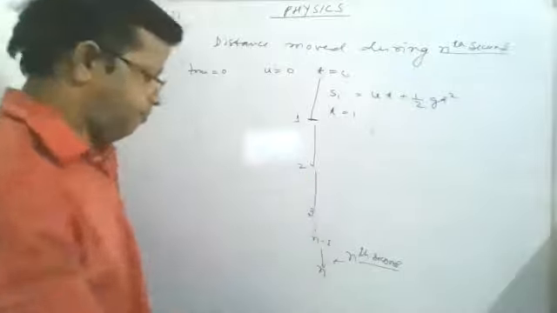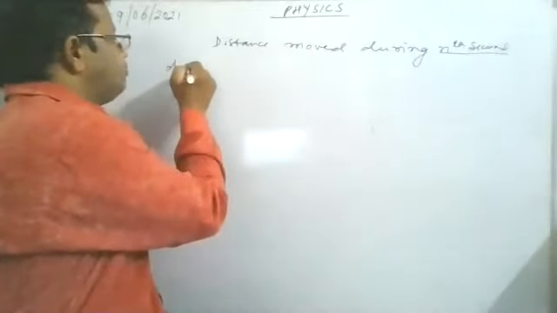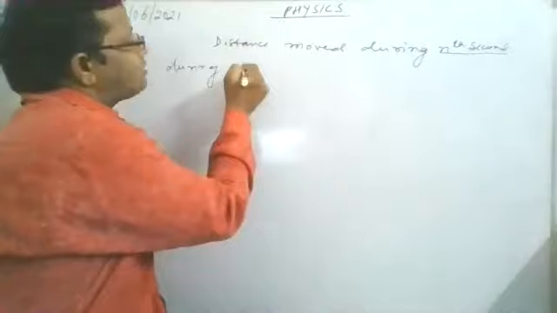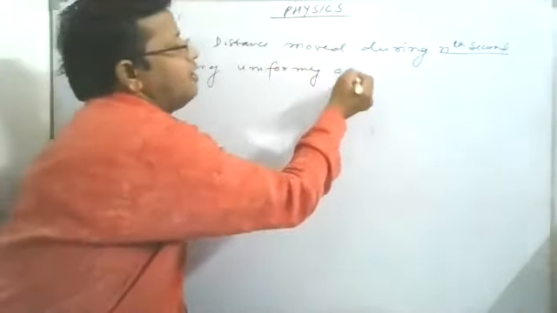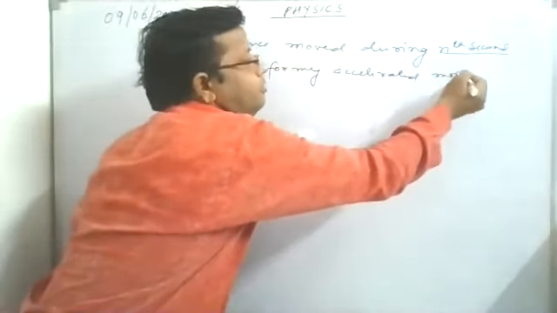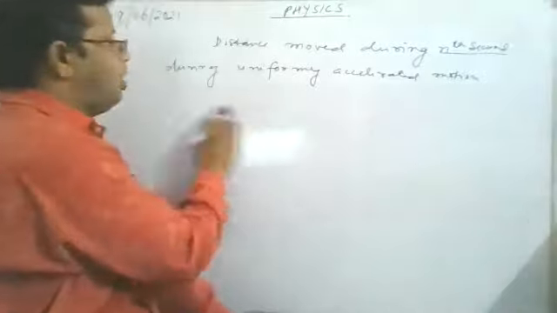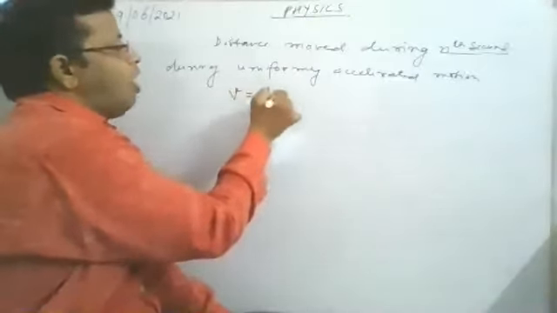Now you see here, we already know the formula for uniformly accelerated motion. We will derive the formula for distance moved during the nth second during uniformly accelerated motion. We have already derived this formula: v is equal to dx upon dt.